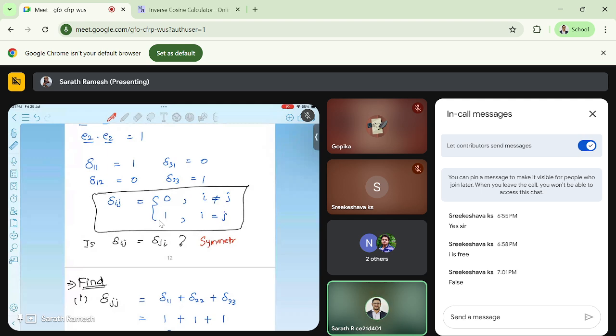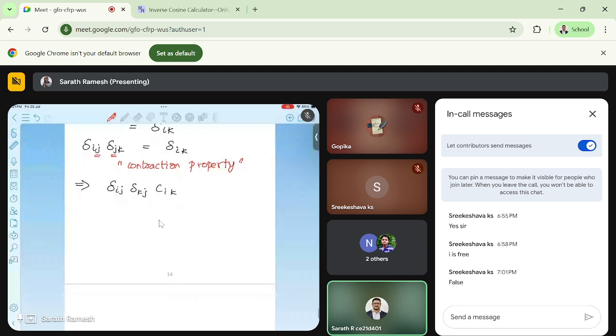Kronecker delta has the symmetric property and also the contraction property. I told this because we will use it here. See, here we could do it again from the beginning, but there are 3 dummy indices, so 3 times 3 times 3, 27 terms would come. It will be a big expression. You can try it out. But since we have already learned the contraction property, we are going to directly use it.